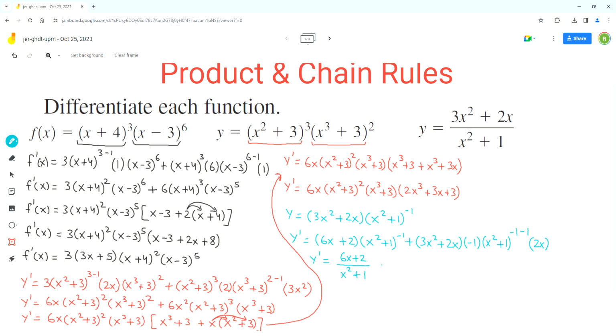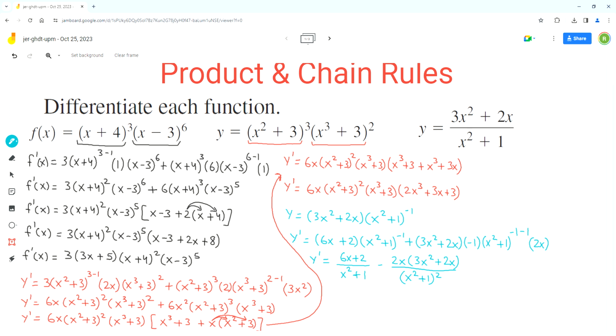So we get negative 2x and then 3x squared plus 2x, and the exponent of x squared plus 1 is negative 2, so we can move that to the denominator. So we'll have x squared plus 1 squared in the denominator.